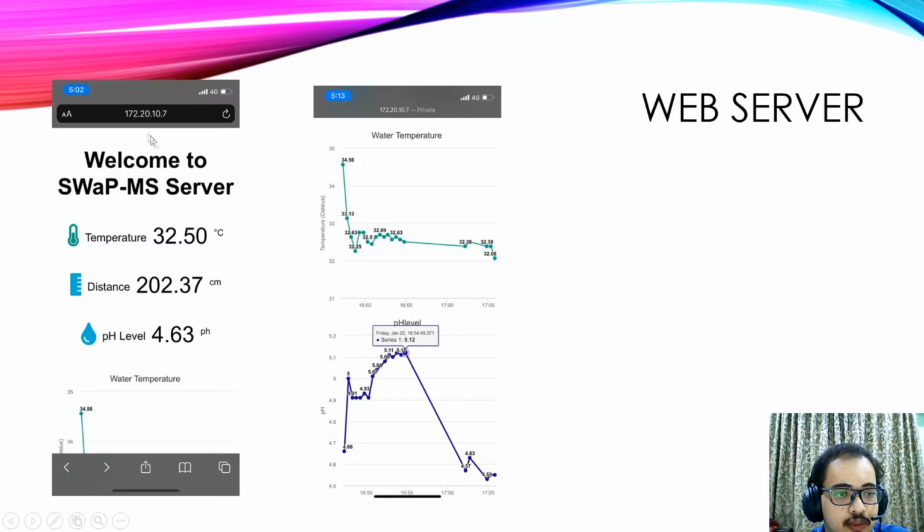Then we use it to access the web server. We combine the STA mode and the AP mode. Then to access the server, we must get the IP address. On an iPhone, we can use iNet to detect the IP addresses around it. That's how we access this server.